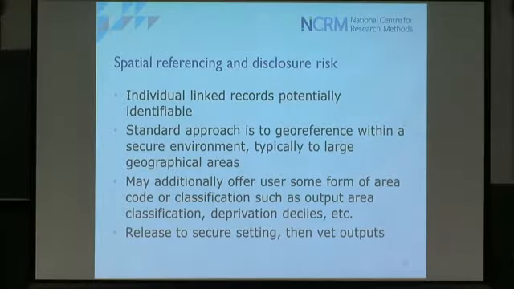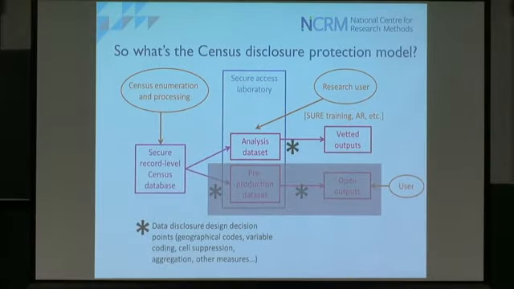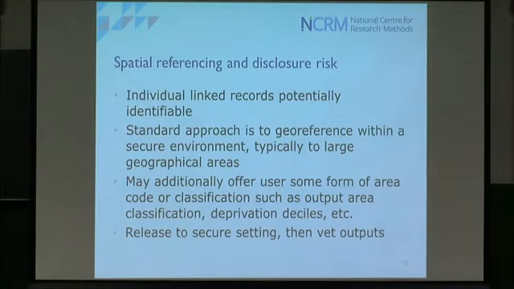So what about if we look at a data file which is in a secure access laboratory, so like a virtual microdata laboratory, as it's often called. So we've got our linked individual records, and they're potentially identifiable with the characteristics.